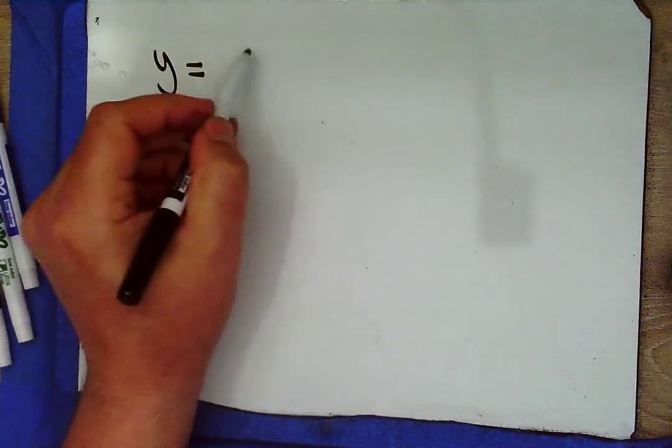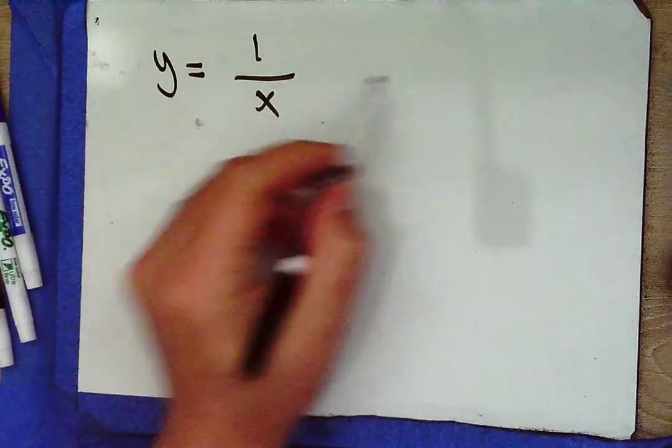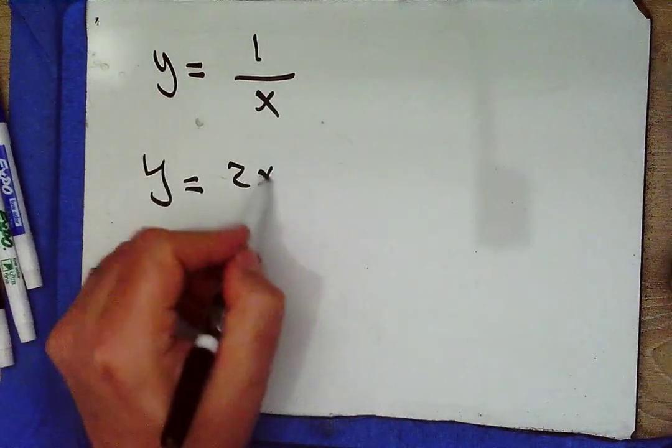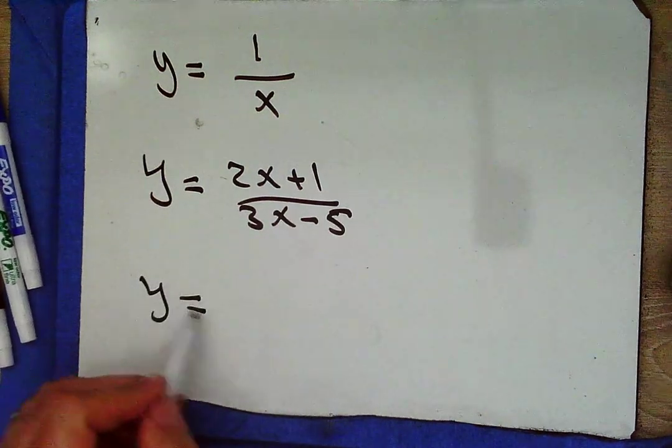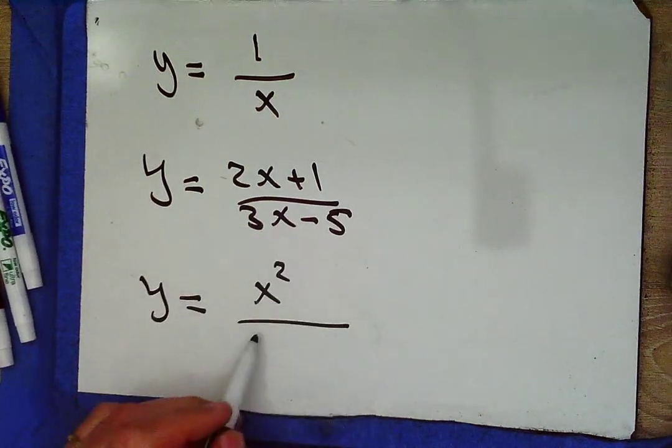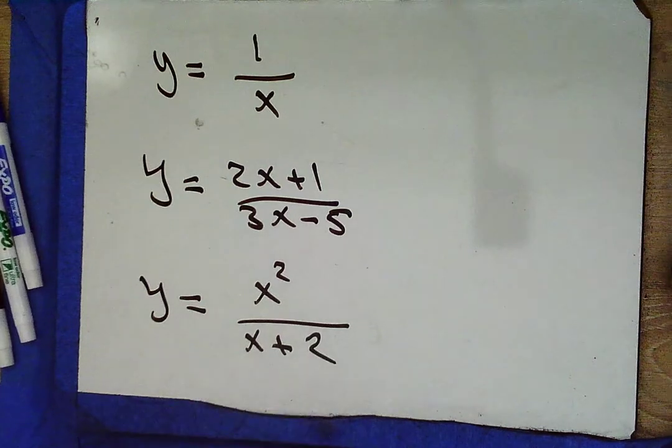Do you remember in Algebra 2 and in pre-calc when we had a rational function like 1 over x, or like 1 over 2x plus 1 over 3x minus 5, or y equals x squared over x plus 2?